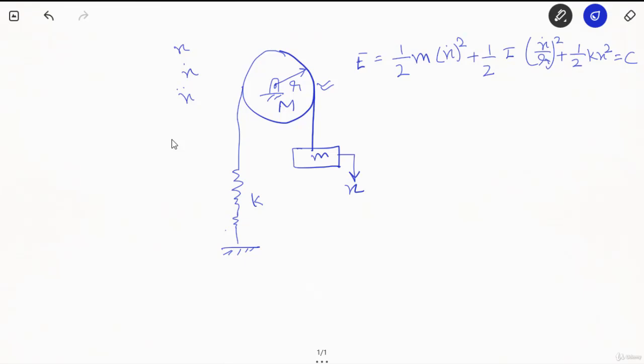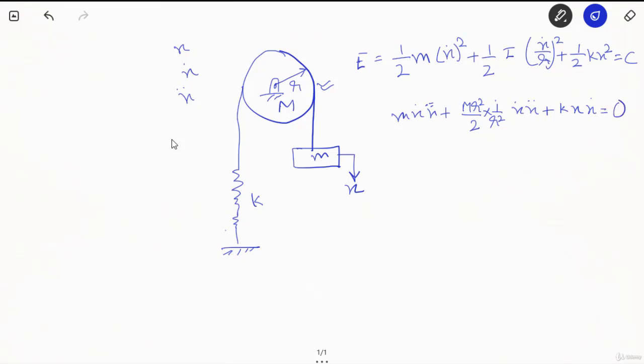Right? Now these three energies are involved and the summation is constant. Upon differentiation we will get m x dot x double dot, plus the moment of inertia of this pulley, which is M r square by 2, and this is 1 upon r square, and again we have x dot x double dot, plus k x x dot equal to 0, right?